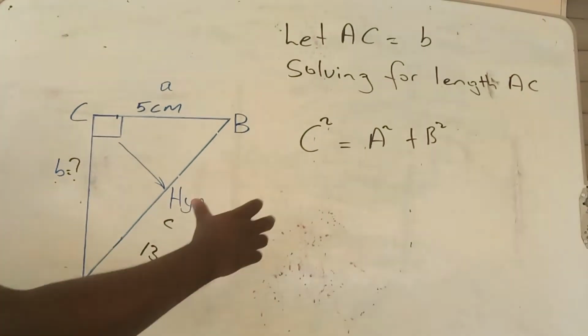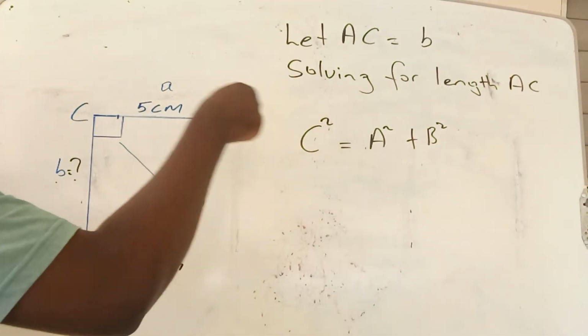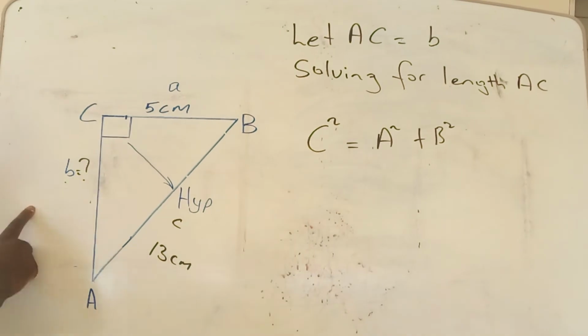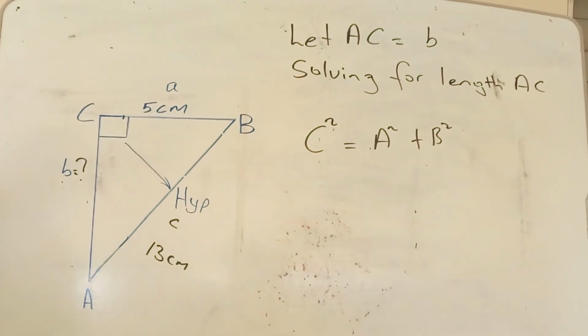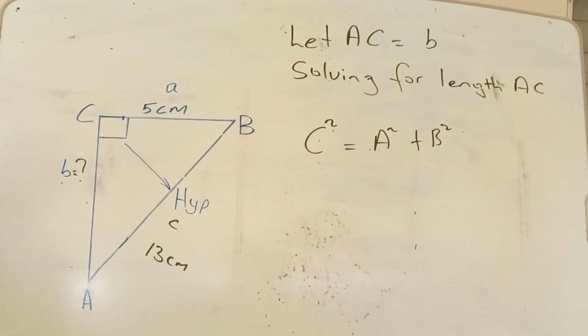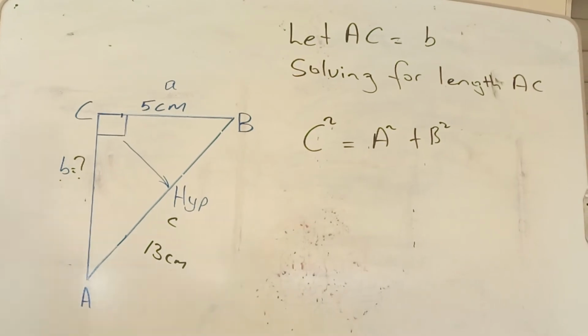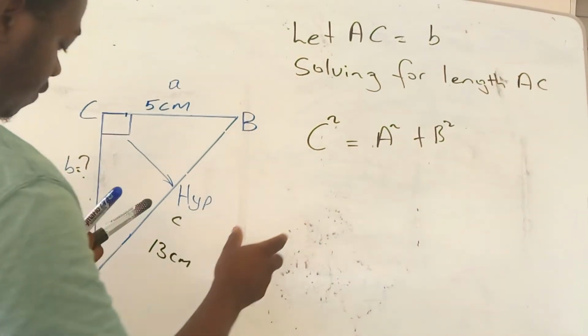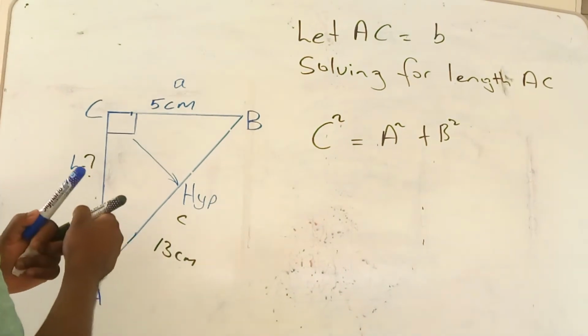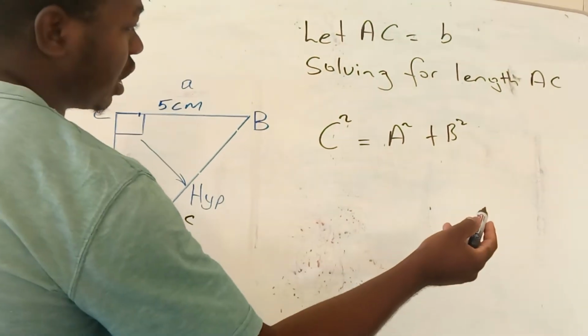Now, you could manipulate the formula to make B the subject of the formula, since B is what we want to find, to make it easier, and it just takes us one step. What you're going to do is subtract A squared from both sides.